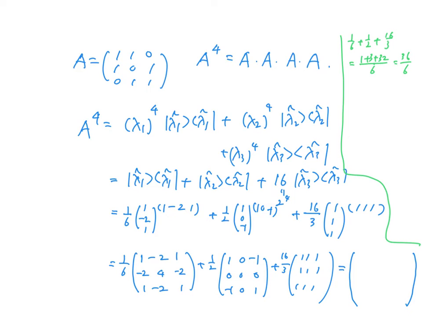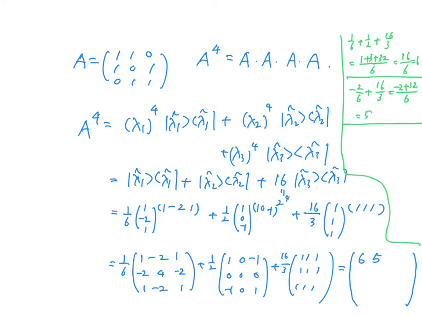The second element is minus 2/6 plus 16/3, which is minus 2 plus 32 over 6, that is 30 over 6, so 5. Interesting, 5.